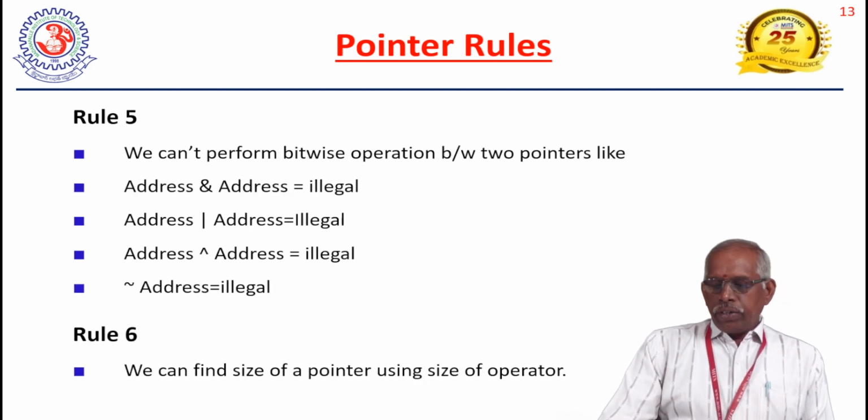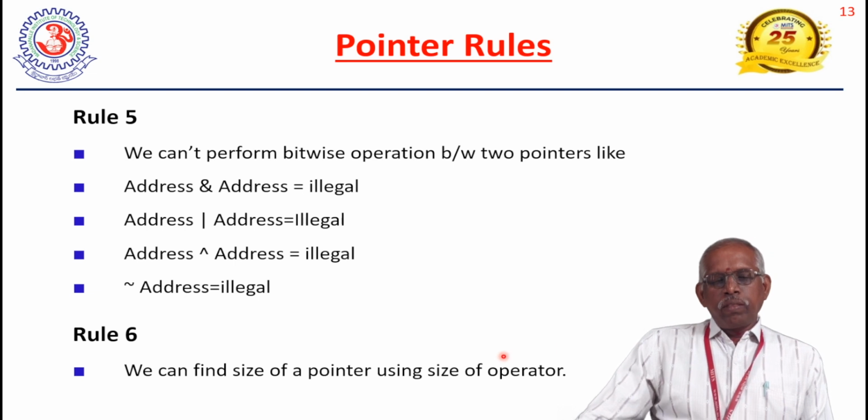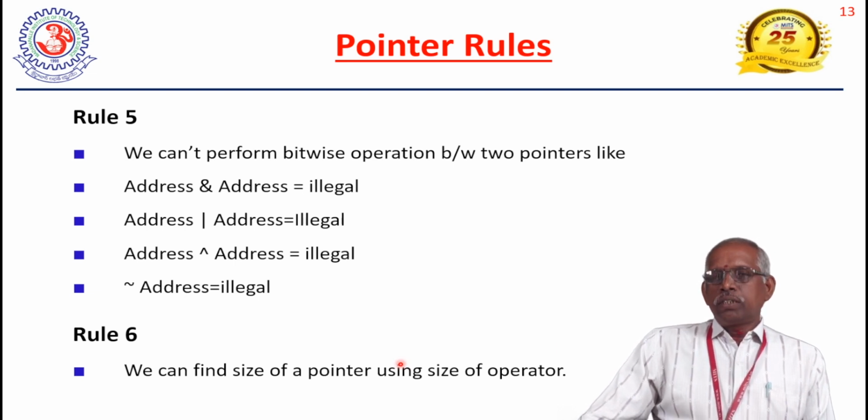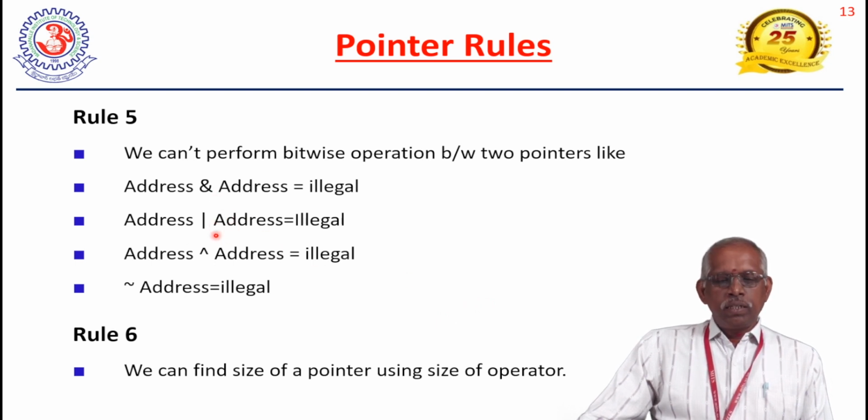Under rule 5, we can't apply bitwise operations on pointers. So all bitwise operators, the single ampersand, the vertical symbol for OR operation, XOR operation, then complement operation, all these are not allowed on pointers.